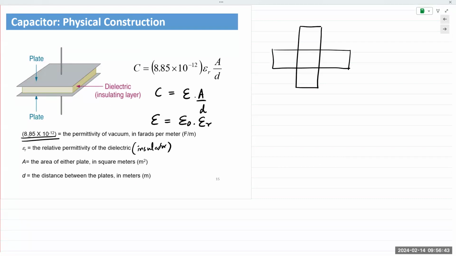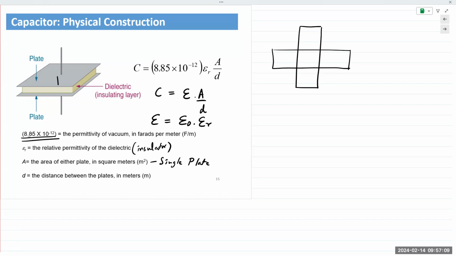Again, it is the material property of the insulating material. So A is the cross-sectional area of the two plates, but not of both together, just that single plate. And D is the distance between the two plates.